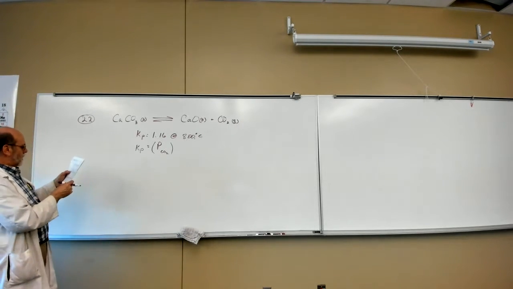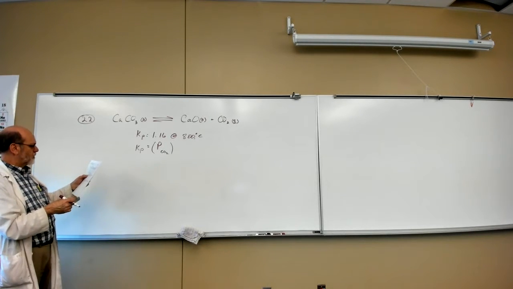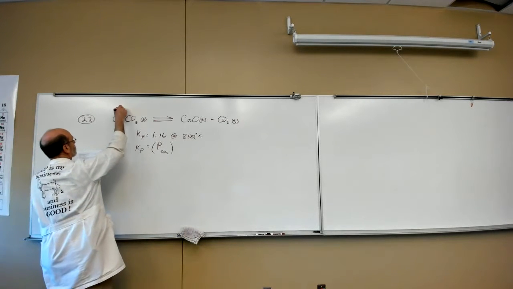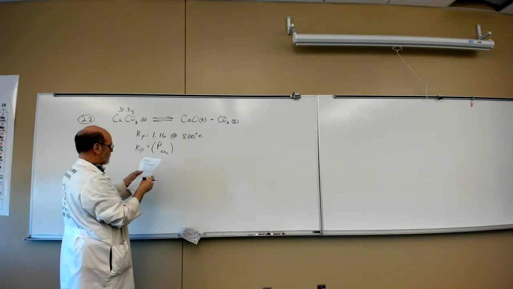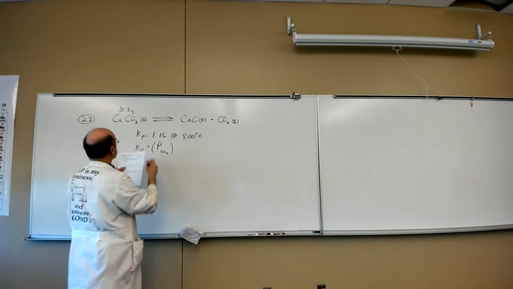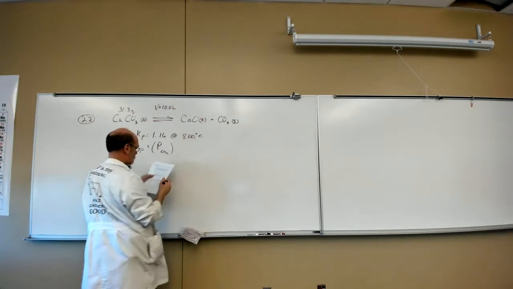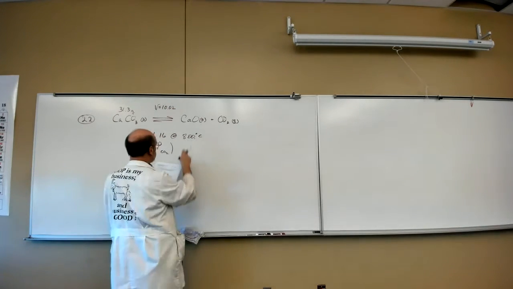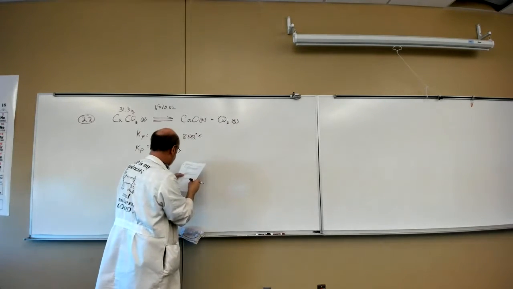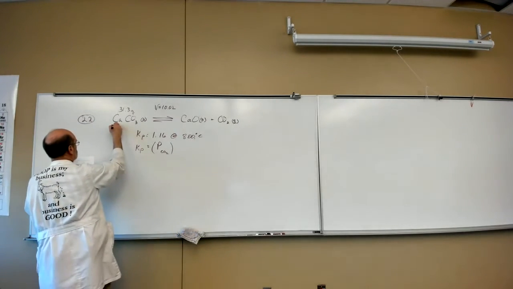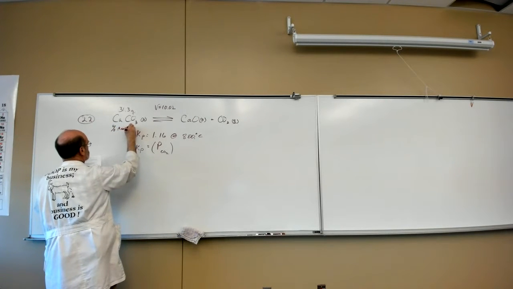Okay, so other starting conditions: a 31.3 gram sample of calcium carbonate is put in a 10-liter container. So volume equals 10 liters, and heated to 800 degrees. What percent of calcium carbonate will react? So percent reaction, that's what we're looking for.